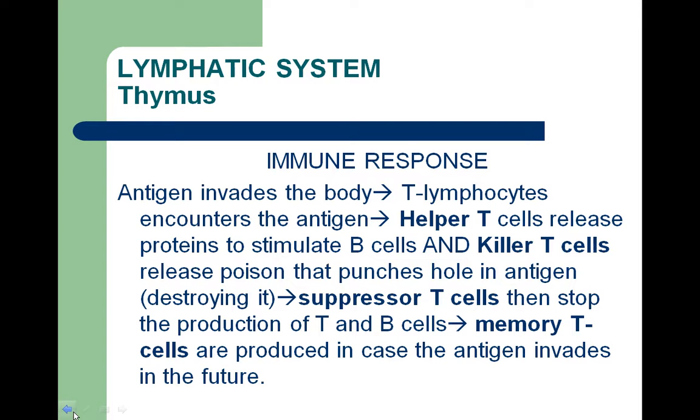This is the process that we try to emulate when we vaccinate a person. So remember, when we give someone a vaccination, we usually give them either a killed or a modified form that looks like this antigen.